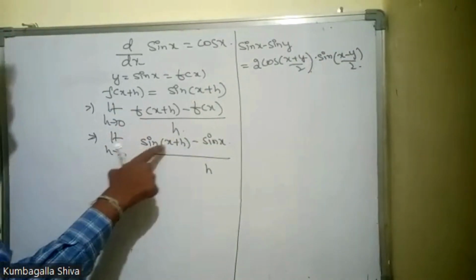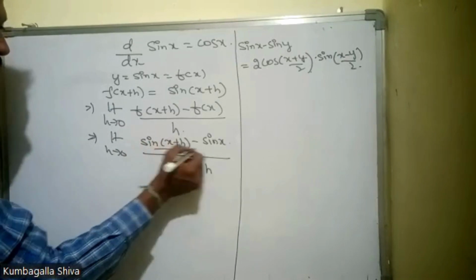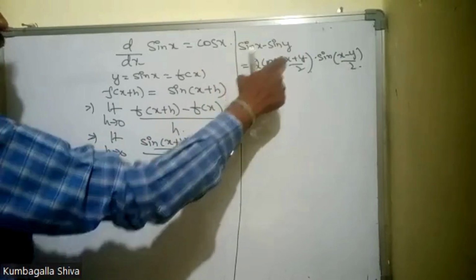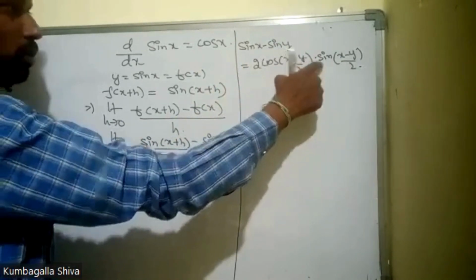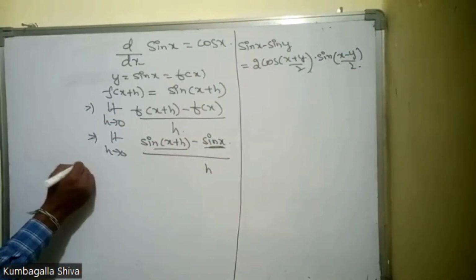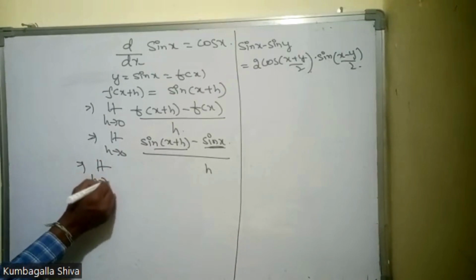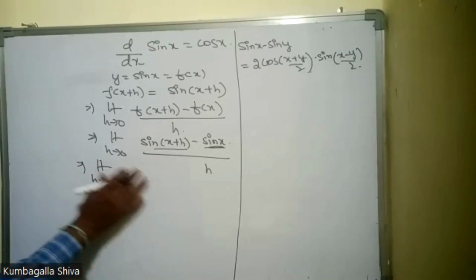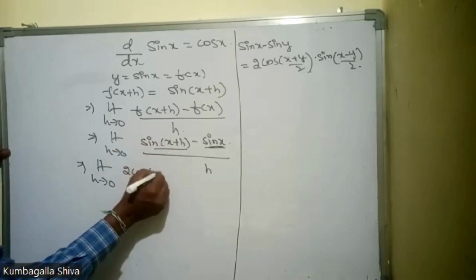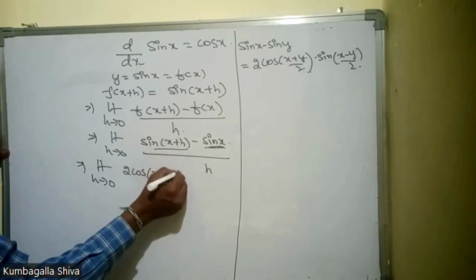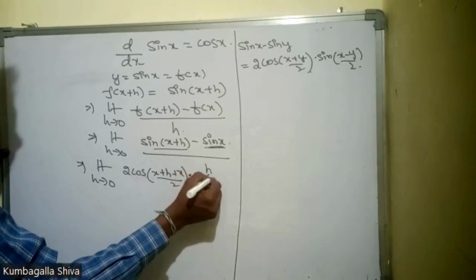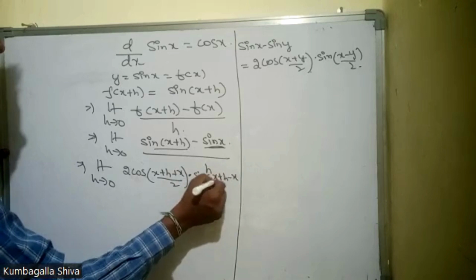Consider sin x as one whole term, and sin y as the other term. Sin x minus sin y is 2 cos of (x plus y) by 2 into sin of (x minus y) by 2. Now just substitute that formula and you will get it. Limit h tends to 0, 2 cos of (x plus h plus x) by 2 into sin of (x plus h minus x) by 2.